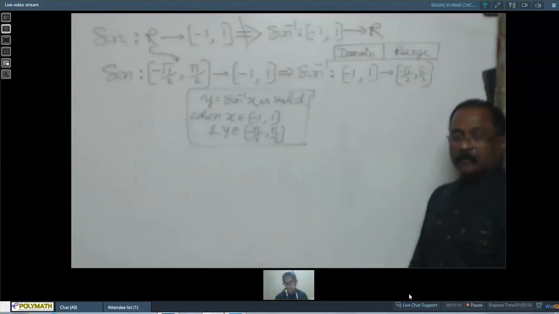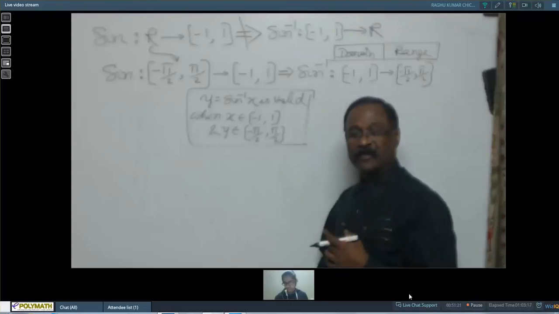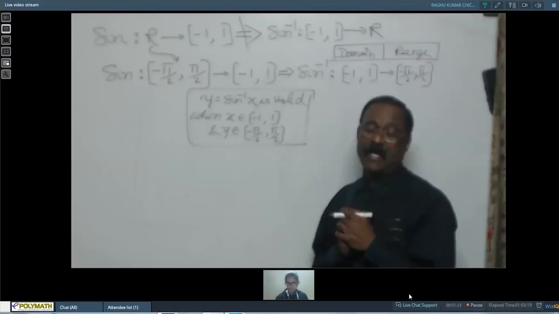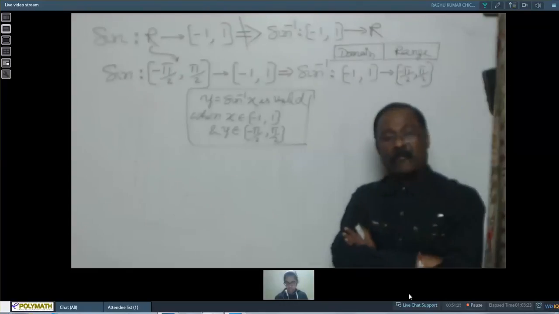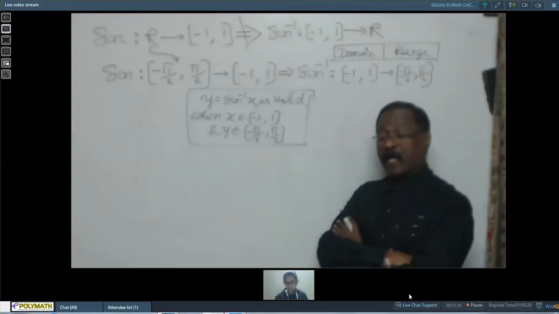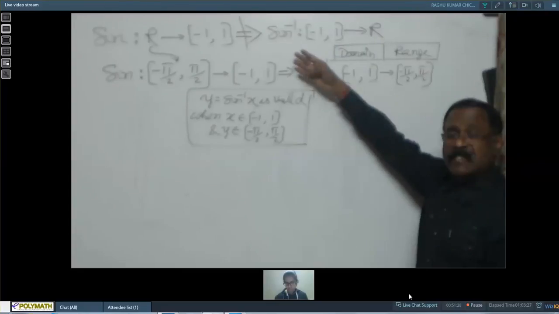Similarly, for cos and the remaining trigonometric ratios also define the basic point, then you will understand in a better way why the ranges. Otherwise, if the inverse existed for the trigonometric function by taking it as it is, what happens?